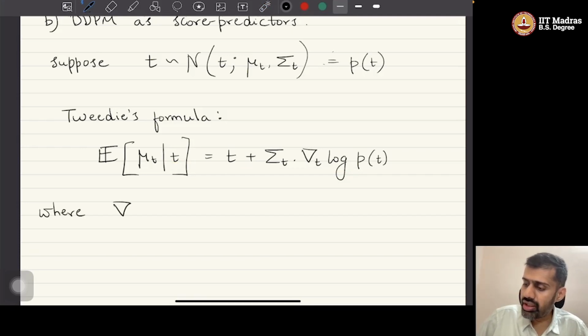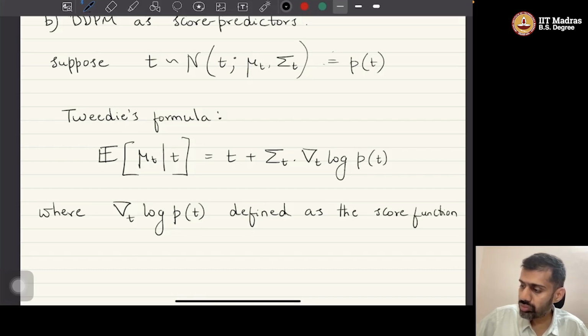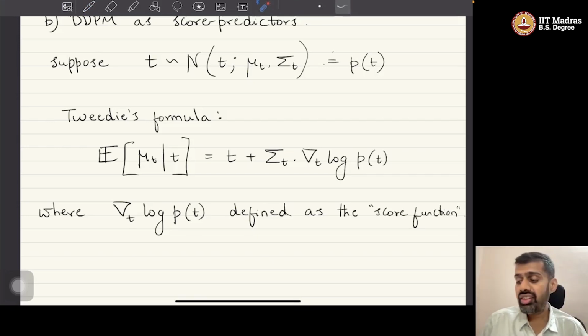the gradient of the log of a particular distribution with respect to the underlying random variable is defined as the score function. Now look at this. Typically we take the log likelihood of a given distribution, and the derivatives are computed with respect to model parameters, right?